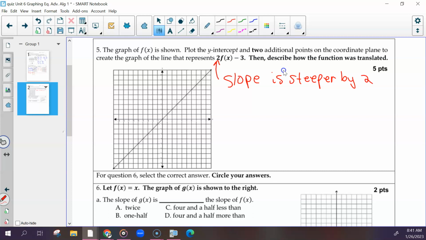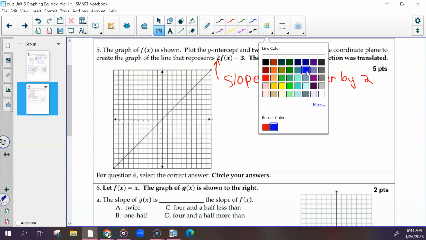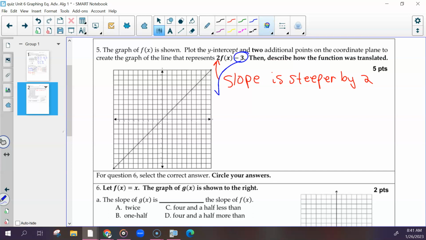And then the -3 deals with your y-intercept. And since it's -3, that was shifted down. You do need to use these words: steeper, less steep, shifted up, shifted down.